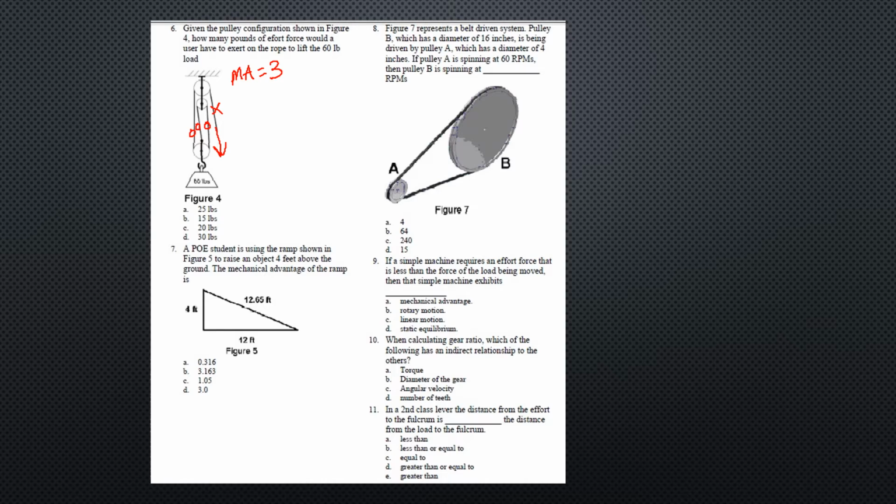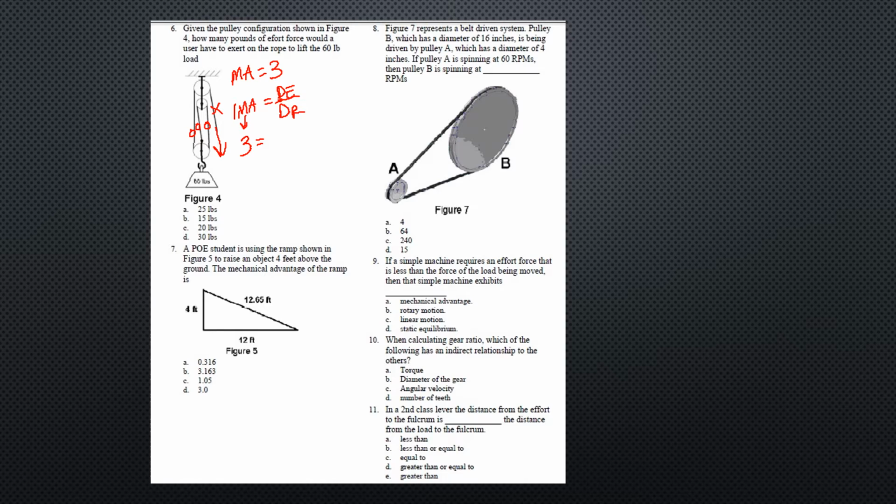Then you have to set your IMA. In this case, we'll use the effort distance and the resistance distance. We know the mechanical advantage is 3, so that's where the IMA is.